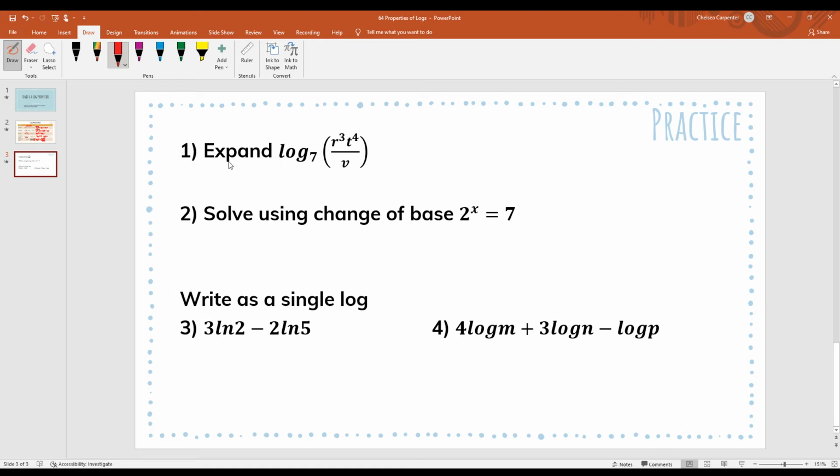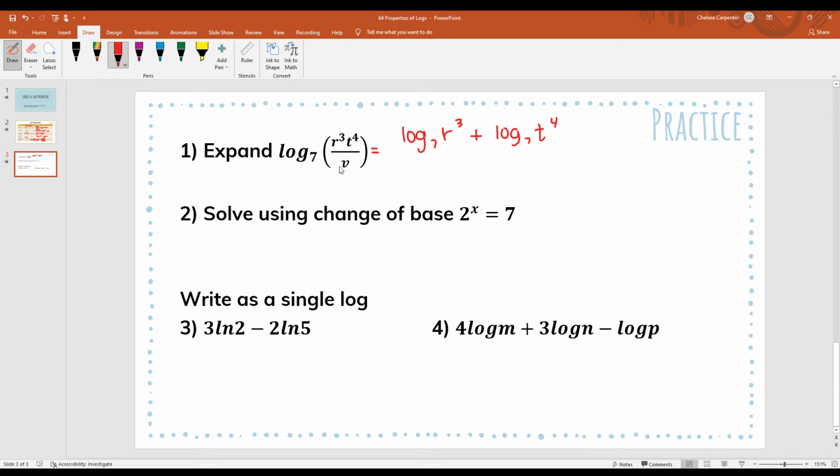All right, so this first problem, expand log base 7 of all of this stuff. So first I'll deal with these two things on top, they're being multiplied. So the product property says I can write that as log base 7 of r to the third power plus log base 7 of t to the fourth.